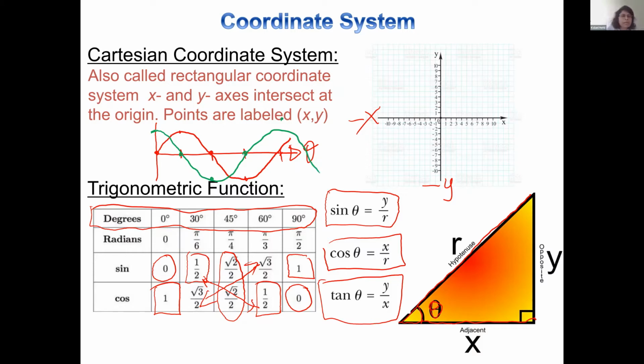So that's why cosine of 0 is 1, but sine of 0 is 0. They are going exactly one separation at those degrees. So because of that, you can see at 45 degrees, they are going to make the same number. That's why at 45 degrees, they have the same.